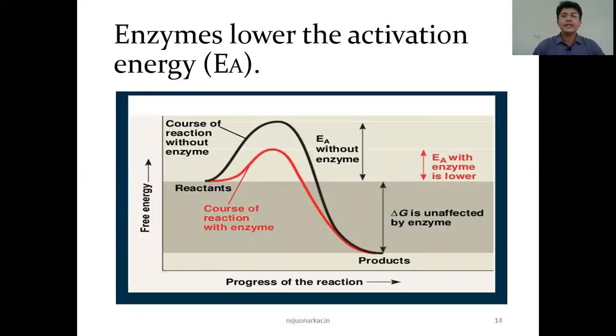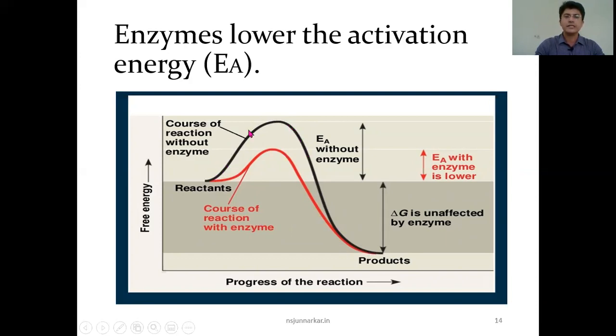Enzymes lower the activation energy. For the reactants to get converted into product, these reactants must obtain the energy which is called activation energy, and after obtaining the activation energy they get excited, and after that the reactants are converted into product.